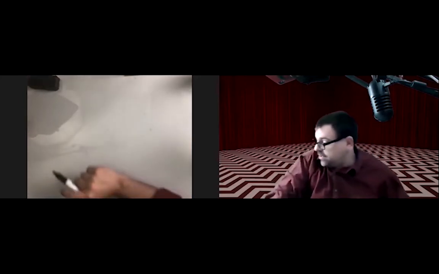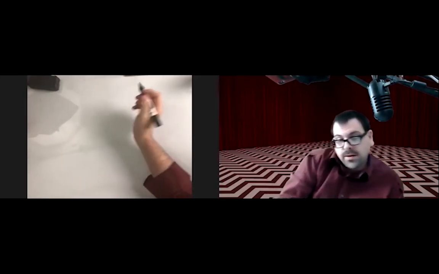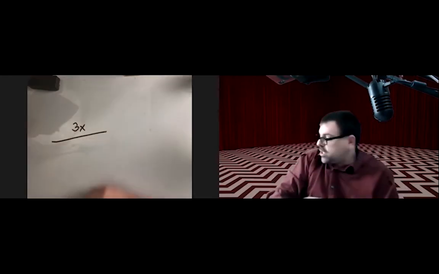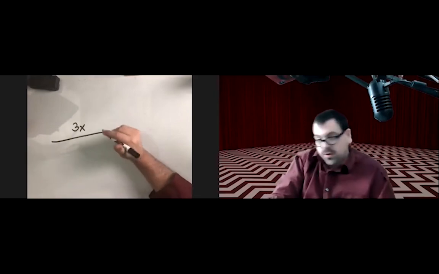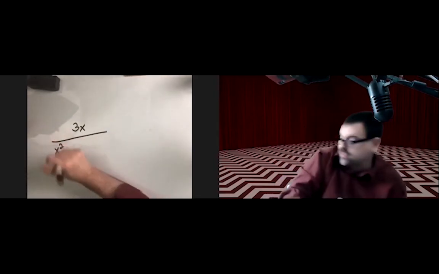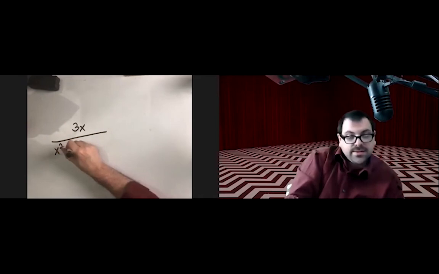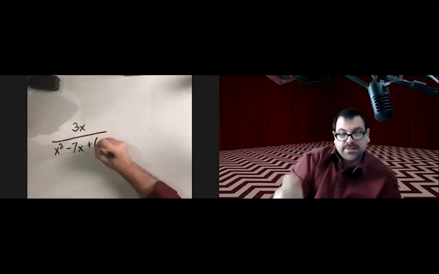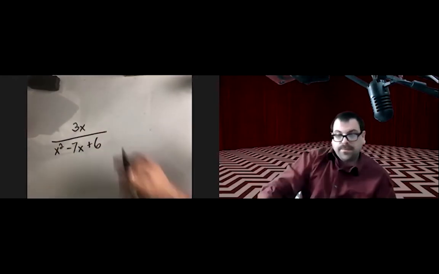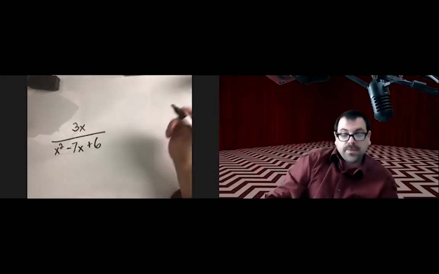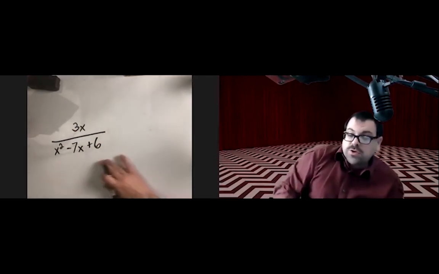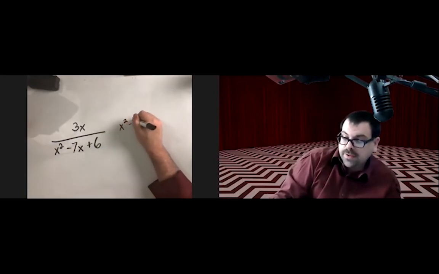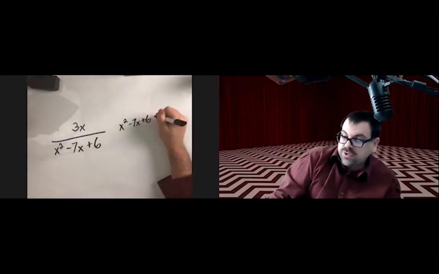Let's do restricted values again. Let's find the restricted values for the expression 3x over x squared minus 7x plus 6. So restricted values are what we get when we set the bottom equal to 0.